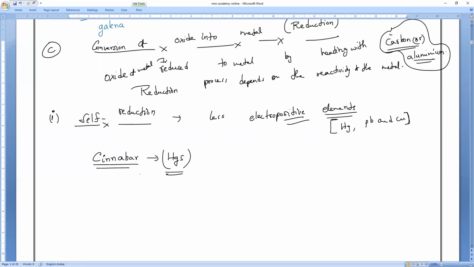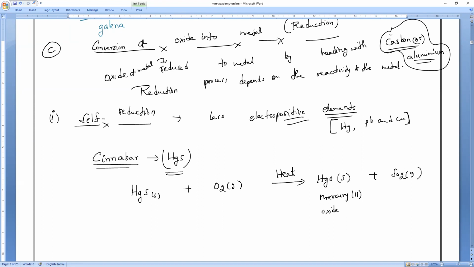If you heat it strongly, no reducing agent is required. So HgS, which is in solid state, if I heat it strongly, first it will convert into the oxide, mercury(II) oxide, plus we will get sulfur dioxide gas.